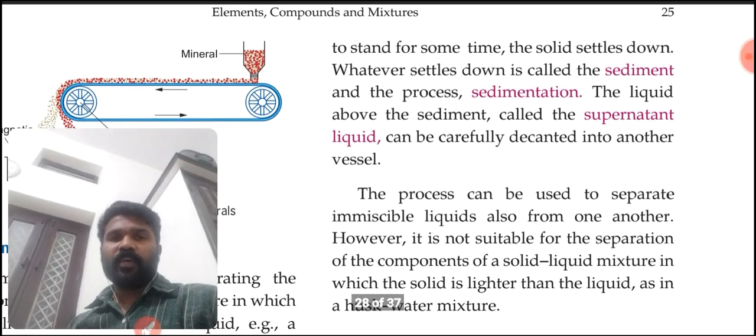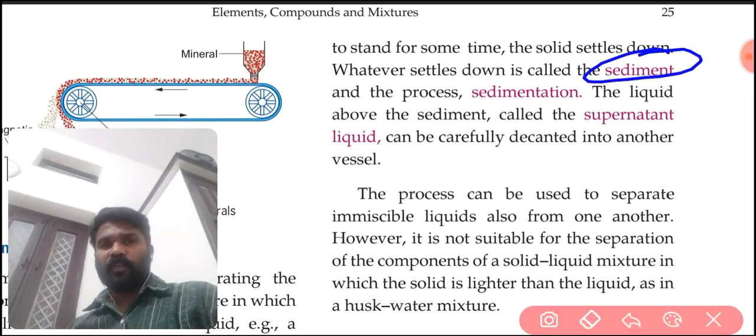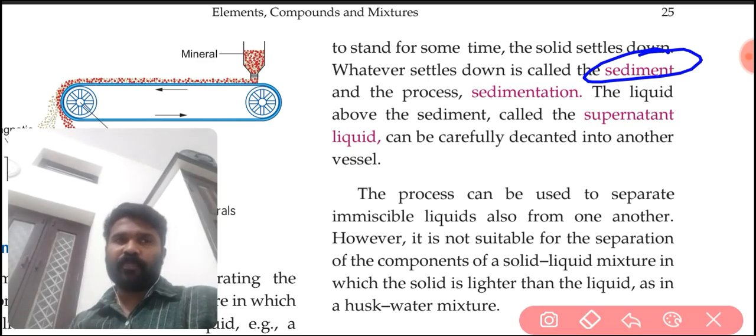Okay, consider a sand and water mixture. Once you have collected it, just keep it aside for some time, and after some time you can observe that all the mud particles will collect at the bottom of the vessel.